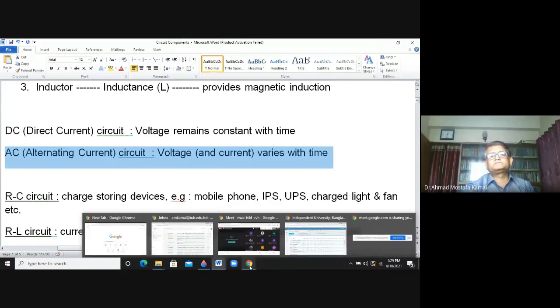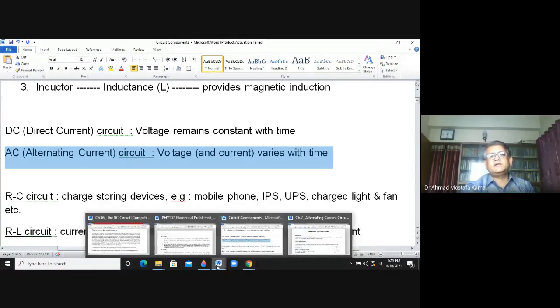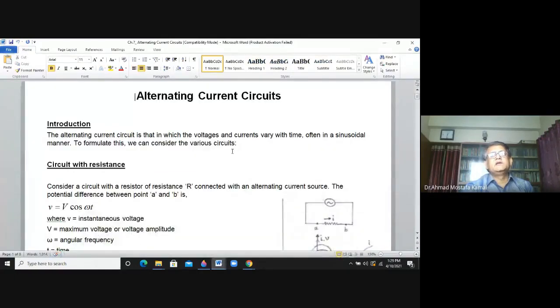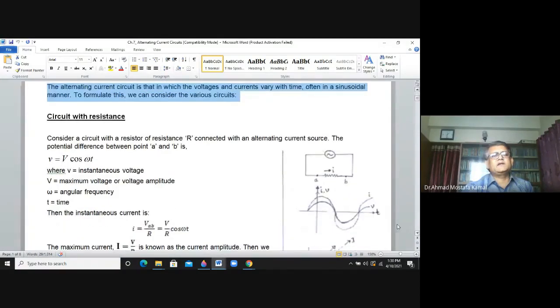So আমরা একটু সেই ধরনের সার্কিট নিয়ে যদি, সেই ধরনের ভোল্টেজ নিয়ে যদি কাজ করি, তাহলে সেটাকে বলা হয় এসি সার্কিট। The alternating current circuit is that in which the voltage and current vary with time, often in a sinusoidal manner. Sinusoidal manner is sine, cos, এই ফর্মে.